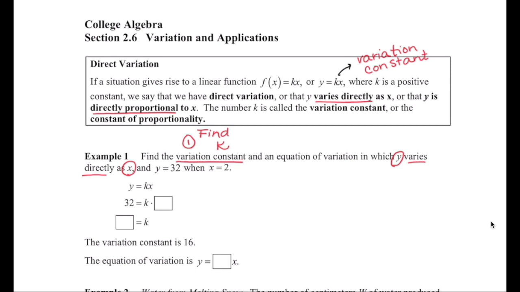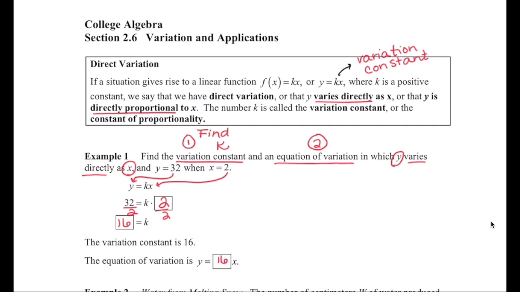It's giving me a value of y and a value of x. Well, if our goal is to find k, I can use the given y and x values to find k. So 32 is equal to k times 2. When I divide both sides by 2, I get 16 equals k. So the variation constant is 16. And then we can find the equation of variation by saying y is equal to 16x.